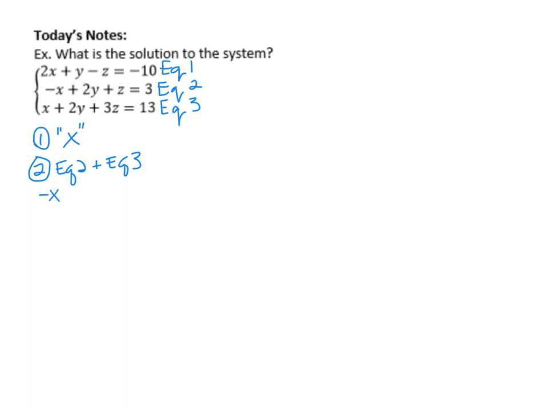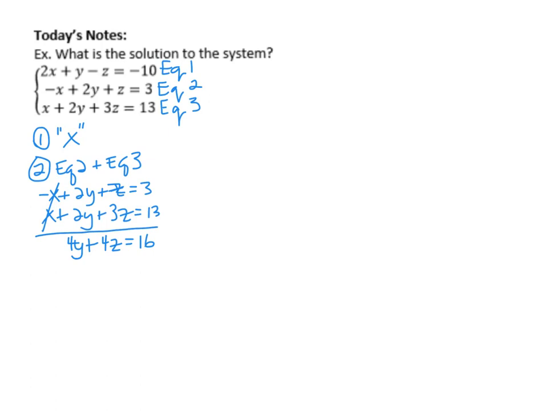Negative x plus 2y plus z equals 3. That's a z right there. Make sure you can read those. And then plain x plus 2y plus 3z is equal to 13. As I combine my columns, notice the x's eliminate. We have 4y plus 4z is equal to 16.